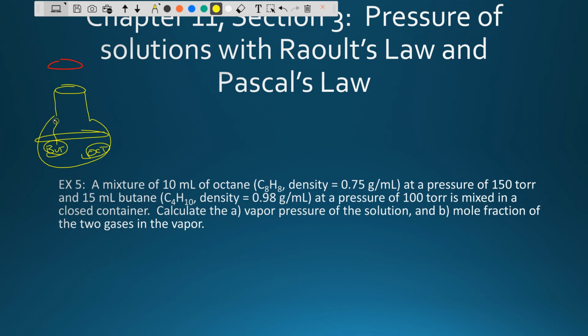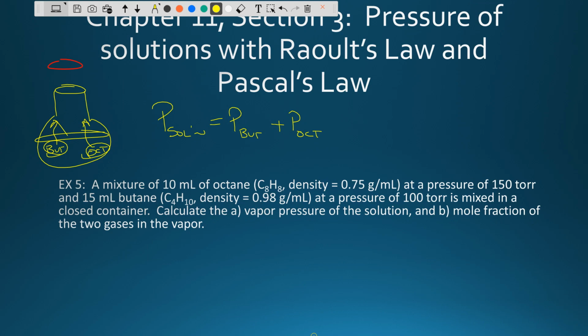And so I've got both of them wanting to go up. Okay? And so it's a little bit different scenario, because Dalton's law of partial pressures says that the pressure of a solution, and this is of two gases now, is going to be the sum of those two. So it's the sum of butane and my octane.